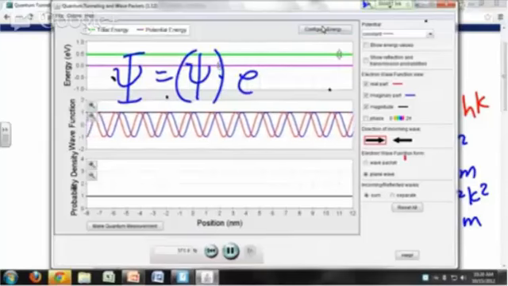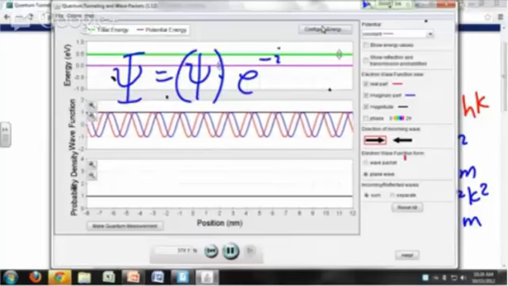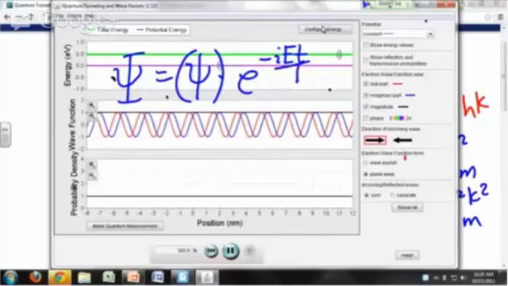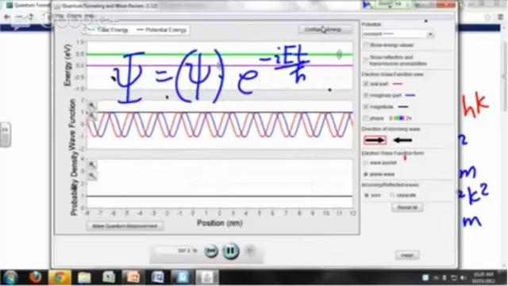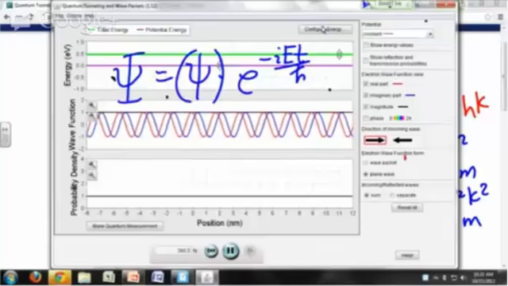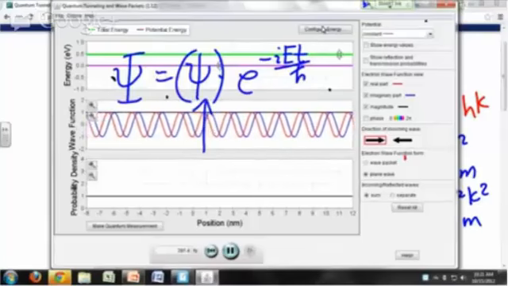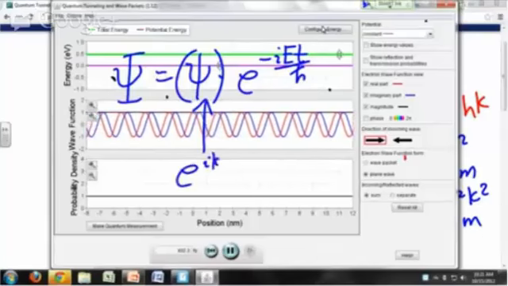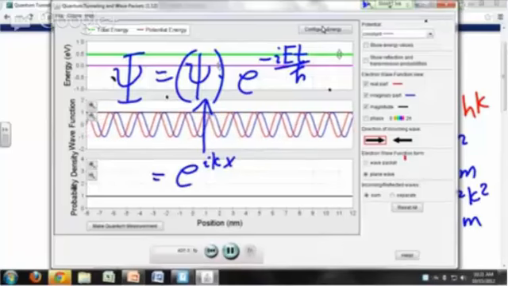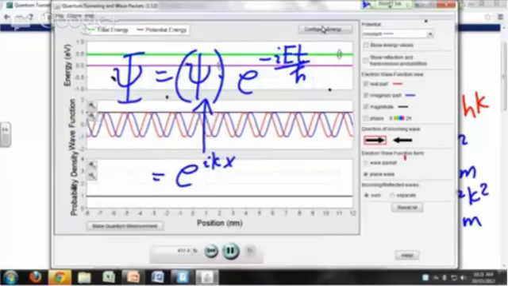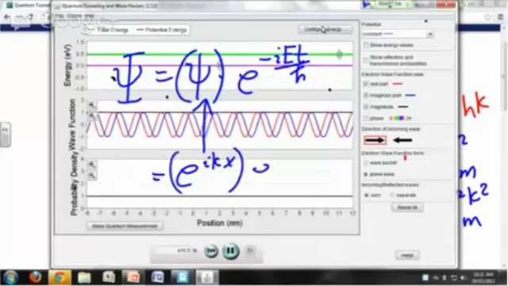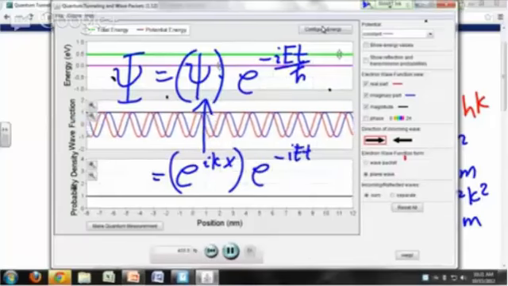Since this is a stationary state, e to the negative i E t over h bar. Okay? And your psi right here is your e to the i k x. So what you're plotting here is e to the i k x times e to the negative i E t over h bar.